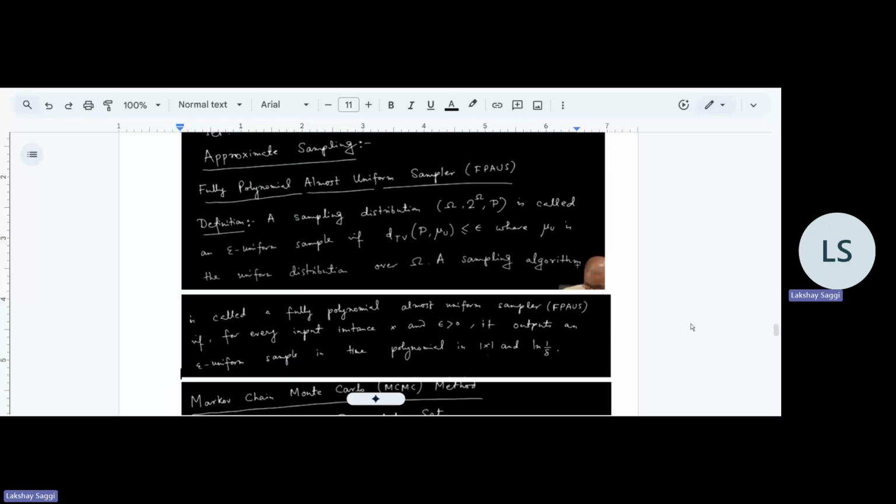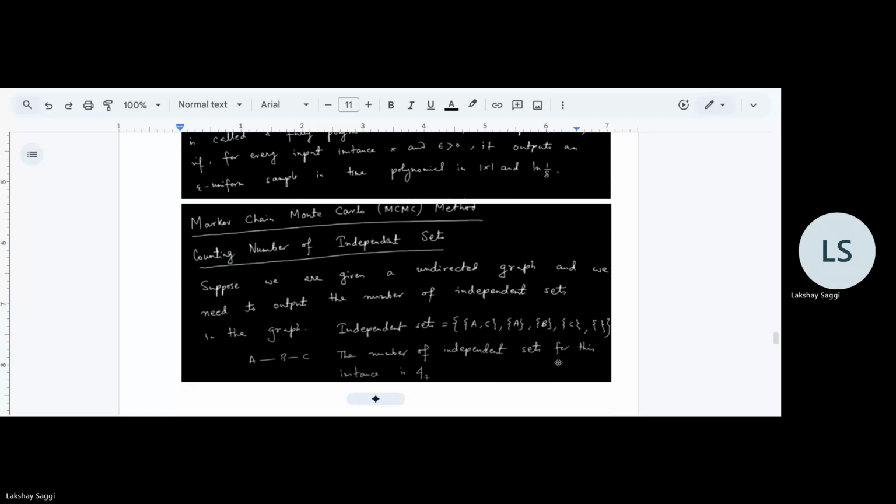Oh, it should not be log of 1 over delta, it should be log of 1 over epsilon. You can check this in the lectures as well, because I don't think there's any delta parameter here. So it should be 1 over epsilon.